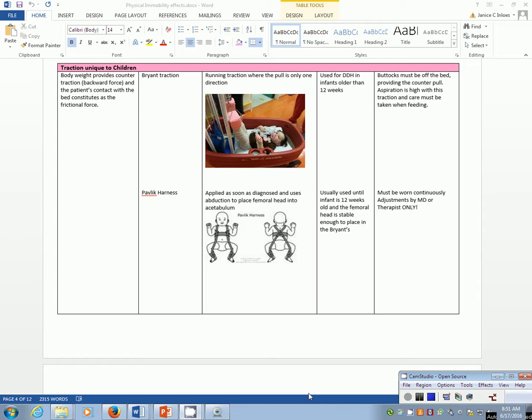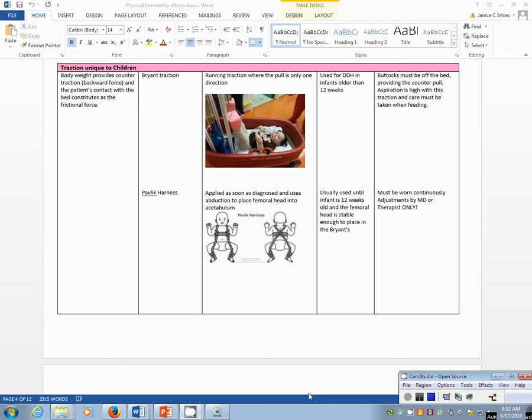All right, back to the traction. Bryant's traction is one that we see used. It used to be where the only time you would see children in this traction would be at Children's Hospital. It's considered a dangerous traction as far as aspiration of the child, because the child has to lay exactly flat with the legs in the air, like you see this little child here.